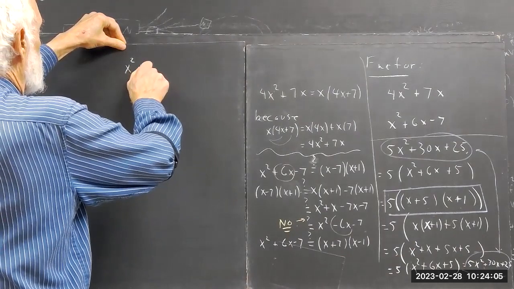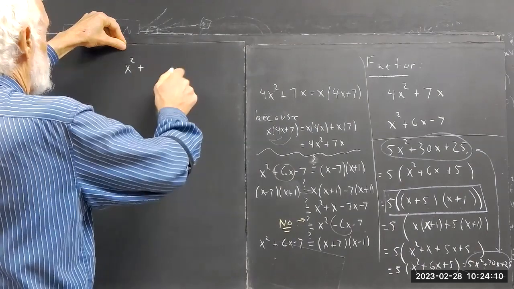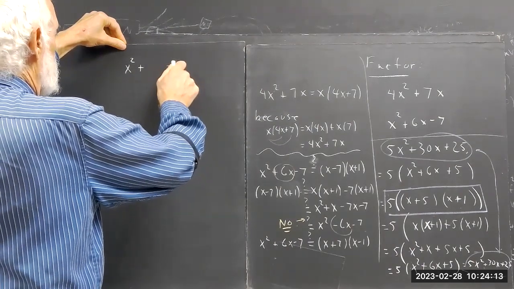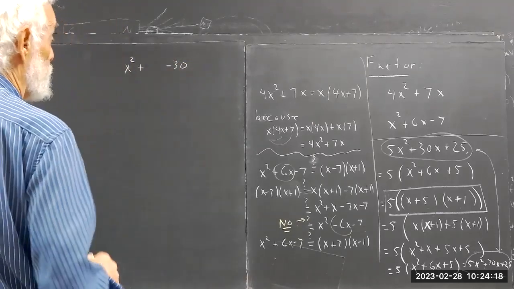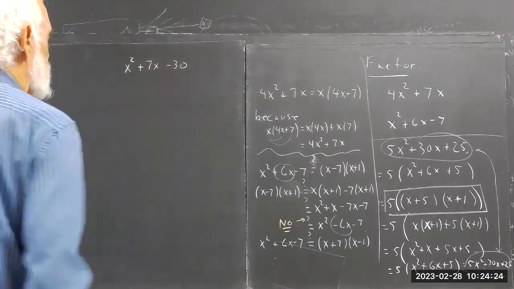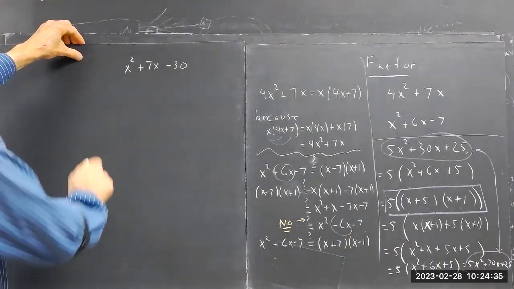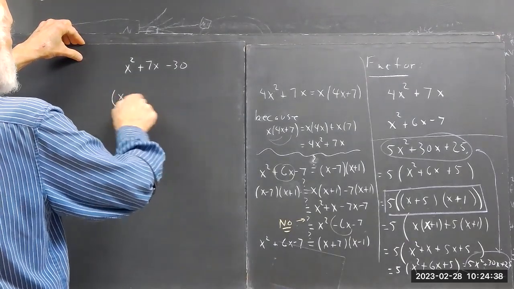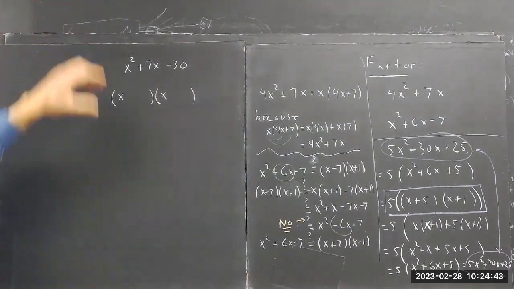And let me just write another one down. Let's put minus 30 here. Seven x. When we factor this, it's always going to be an x here and an x here.